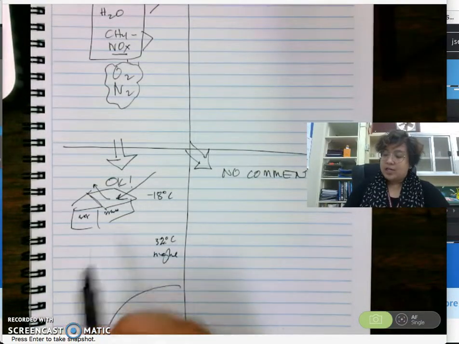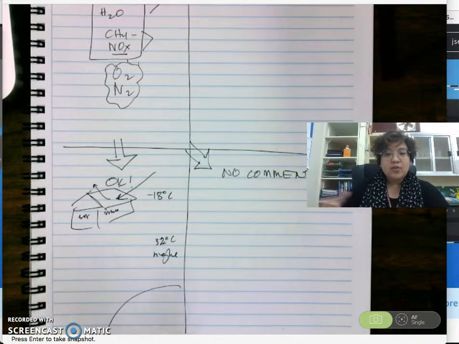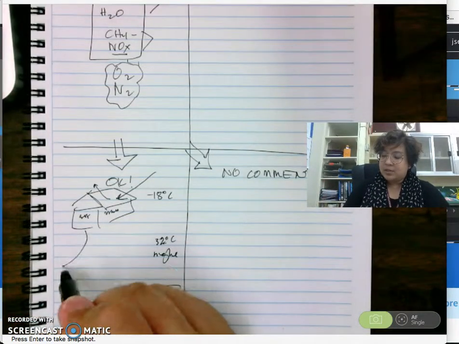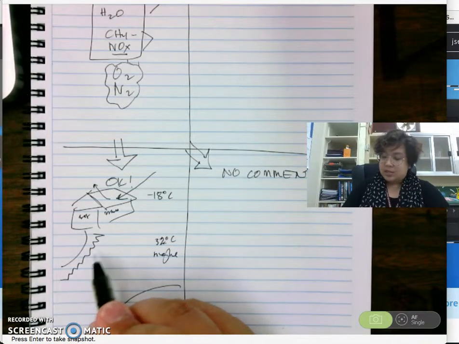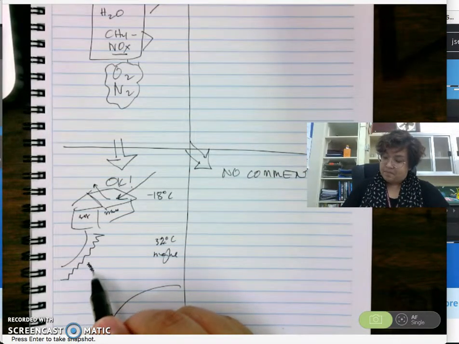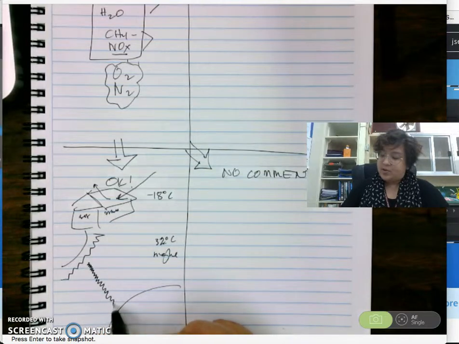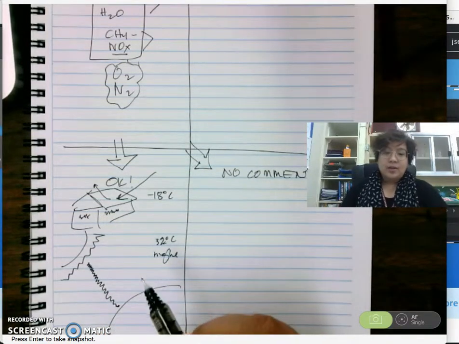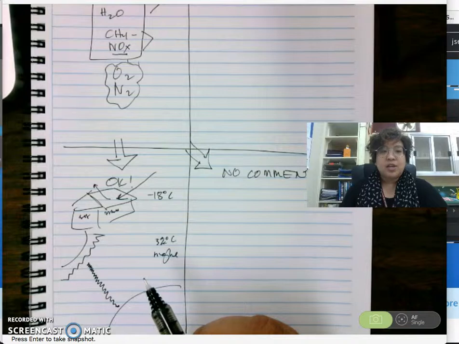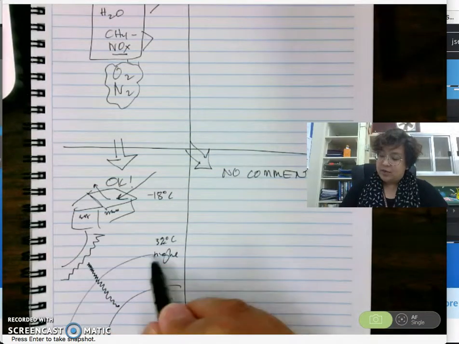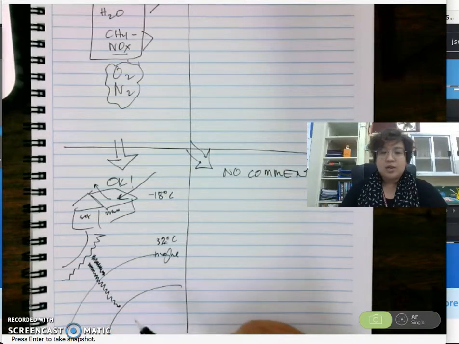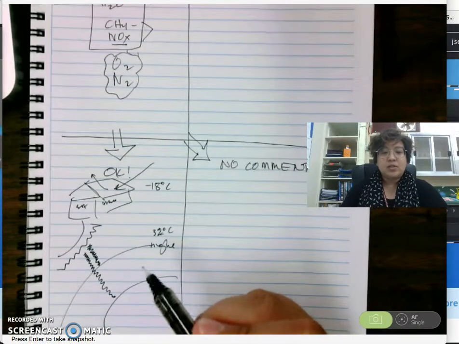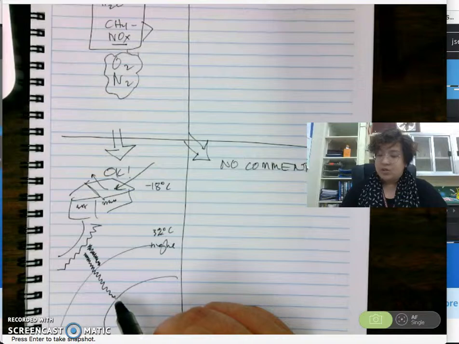Quick explanation of how this warming happens. So you have the sun, which emits radiation, and about 30% of that radiation is absorbed in the atmosphere, so it doesn't reach the Earth's surface. So about 70 to 80% reaches the Earth's surface.